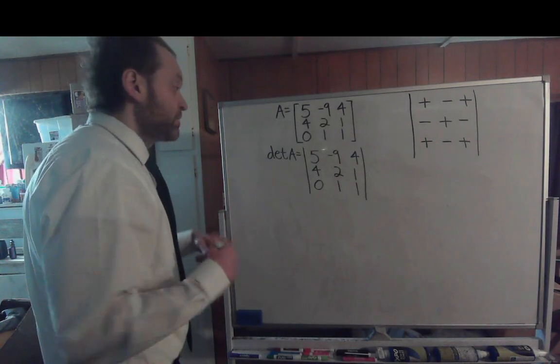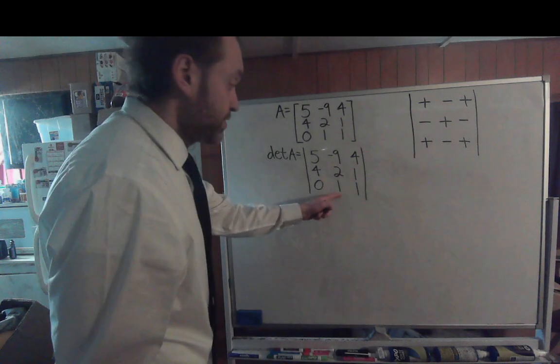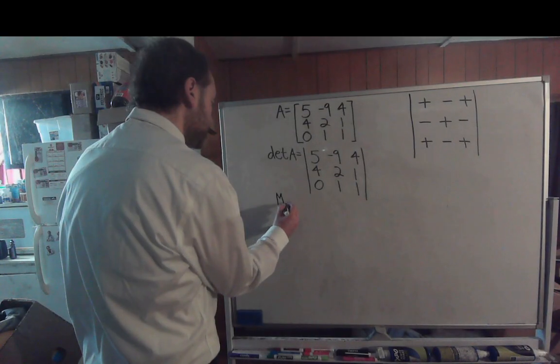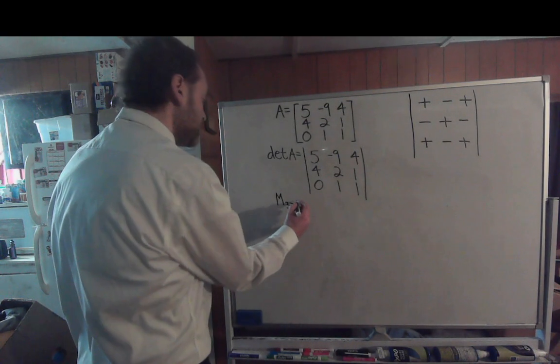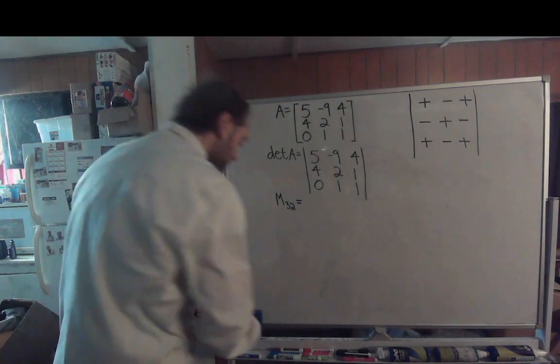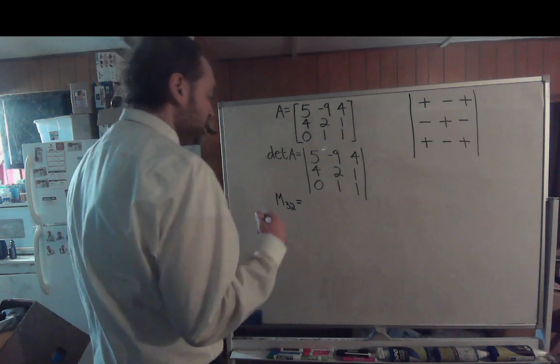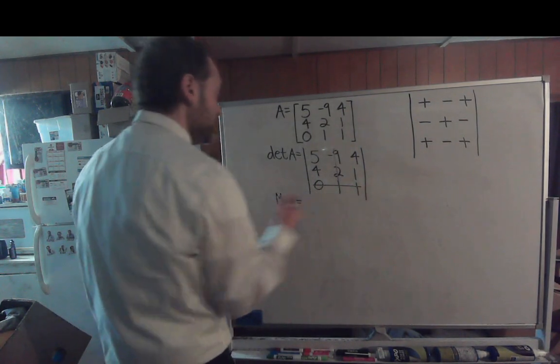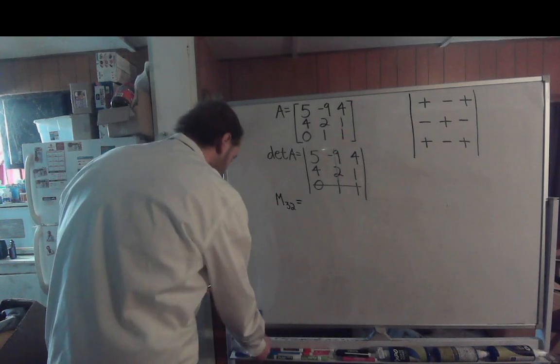So this is row 3, column 2. So let's find minor 3, 2. Again, you could pick any row or column, so strike out the column and the row it's in, and you get the determinant of what's left.